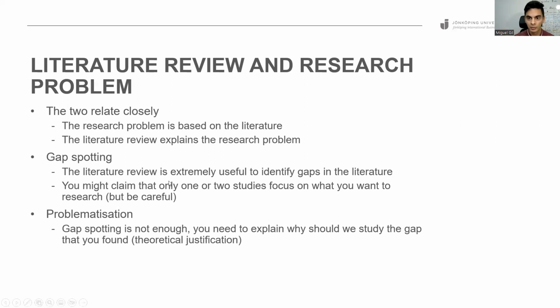So then you can claim that there are only one or two studies, or maybe none, or maybe very few, or maybe they are disconnected, or they have findings that are not coherent, for example. So you will present that in the literature review.